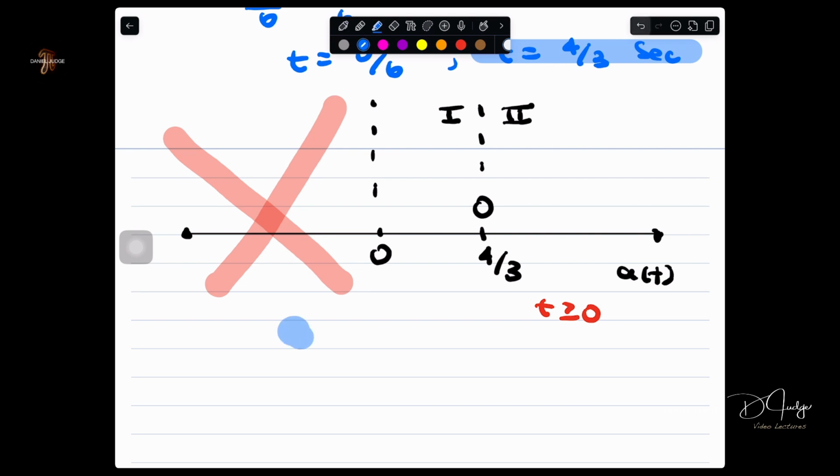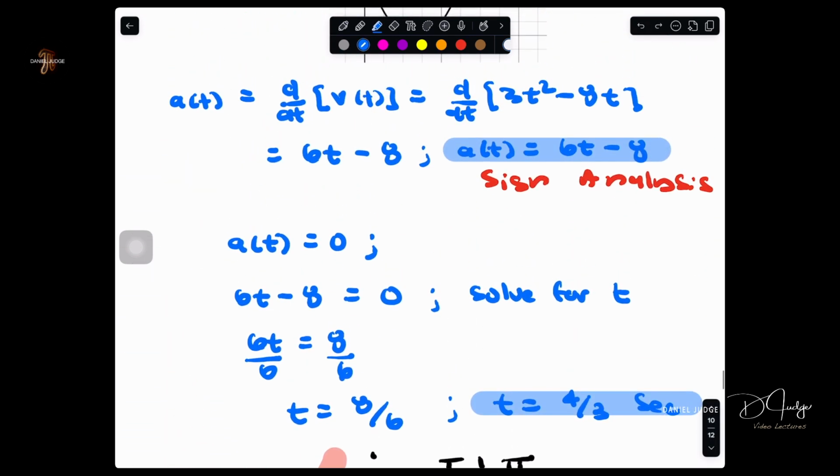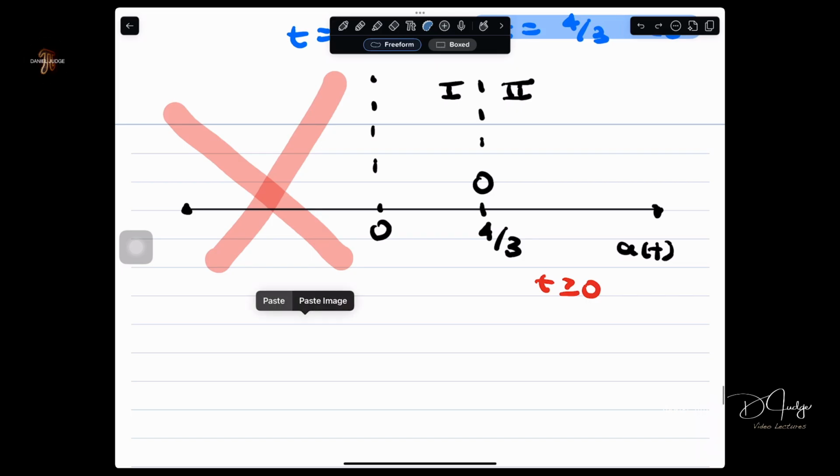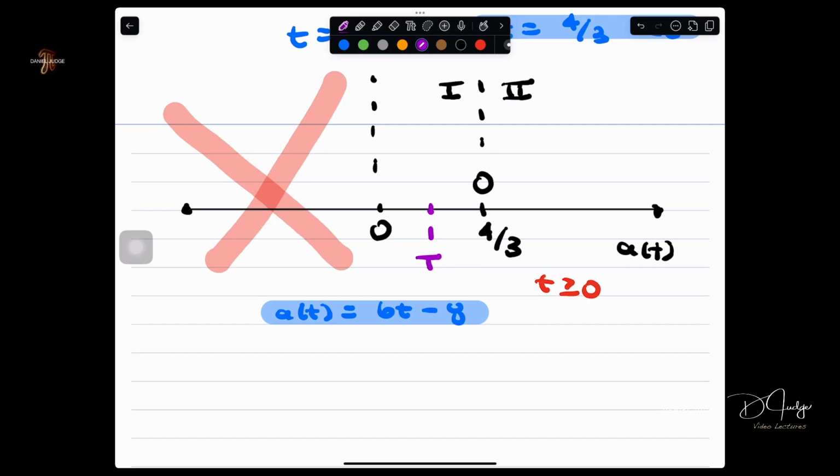Acceleration, we already know if we copy that, this is the acceleration function over here. All right, we need some time values. 4/3 is bigger than 1. So 1's available, and 4/3 is smaller than 2. So we're going to use those two test point values. Okay. We're going to test the region, test the signs.